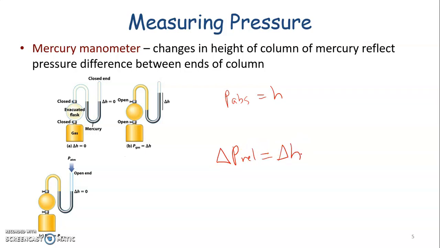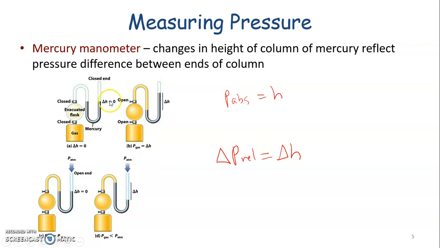So you're always referencing atmospheric pressure. And if the pressure inside the volume that you've connected is less than atmospheric pressure, that means atmospheric pressure will press down harder here than the gas inside the bulb is pressing on this side, and the mercury will rise up on this side. So, of course, the sign of the change is now important.